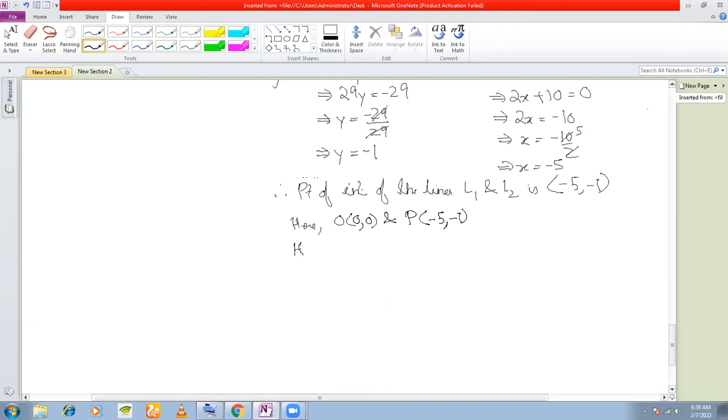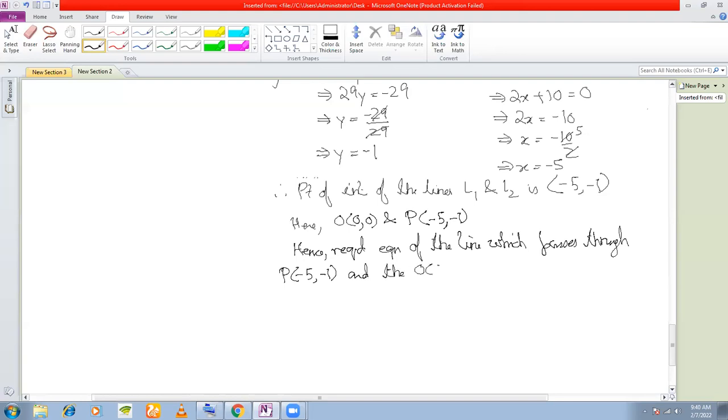So hence the required equation of the line which passes through P, the point of intersection of the lines, -5, -1, and the origin is y minus y1 is equal to y2 minus y1 by x2 minus x1 into x minus x1. Okay.